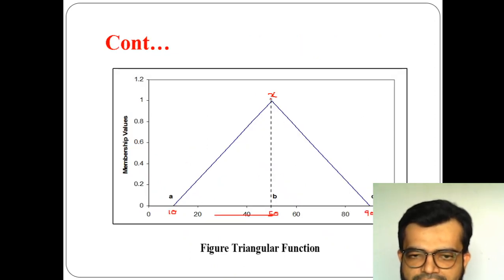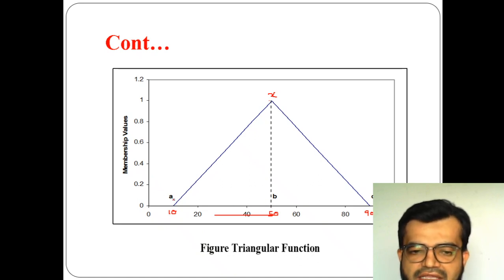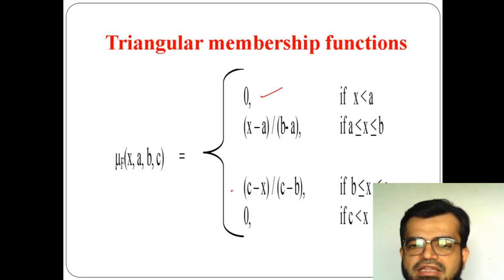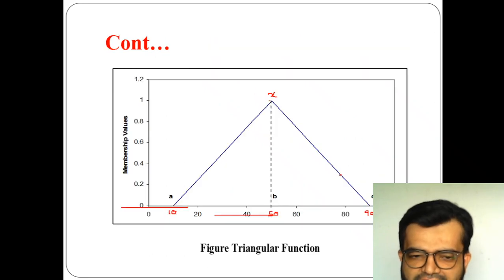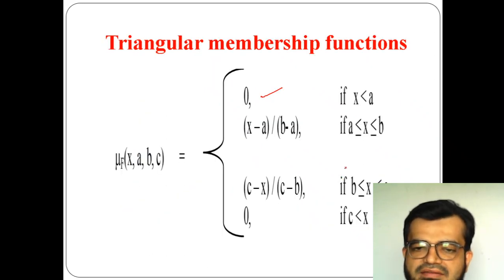You need to compute x minus a divided by b minus a. In that sense you get the range from 10 to 50, where a is 10 and b is 50.